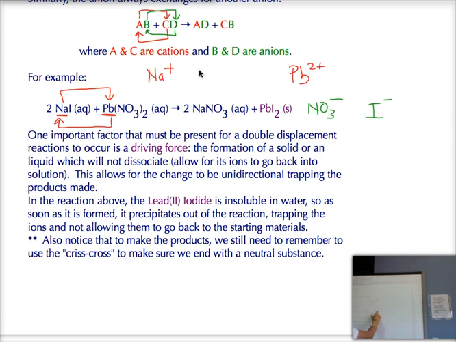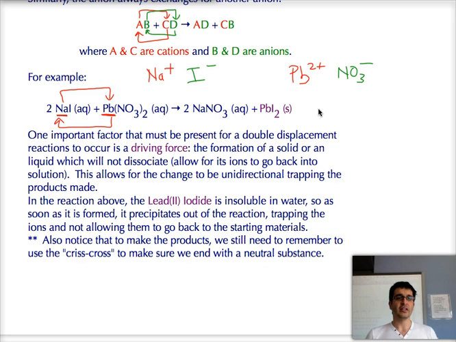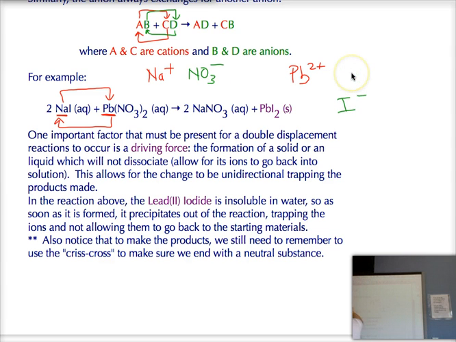Initially, let's see if we can separate those. Initially, the iodide is coming with the sodium, and the lead, there's two nitrates reacting with the lead 2 ion. Well, when we exchange this, we're going to have to do a new crisscross.